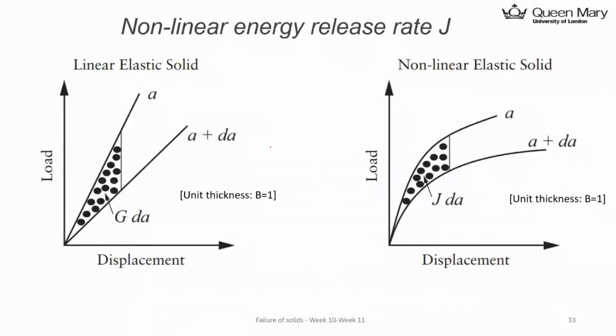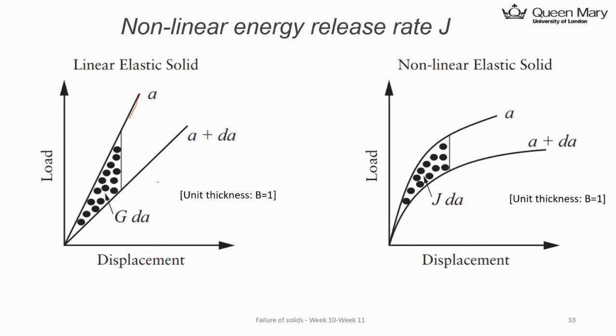Let's move on. The other way to derive that is using the J integral. Before I dive into it, let's recap the idea of the energy method. For a linear elastic solid, if you plot a load displacement curve, it is a linear line.